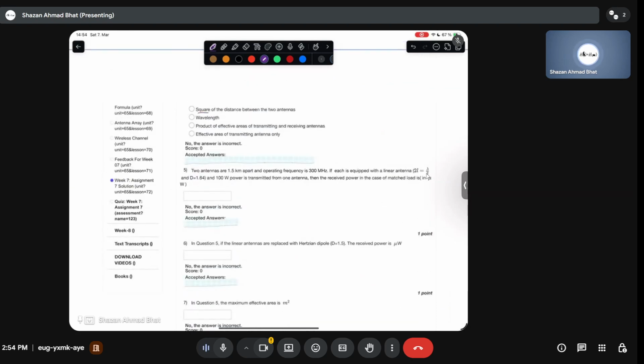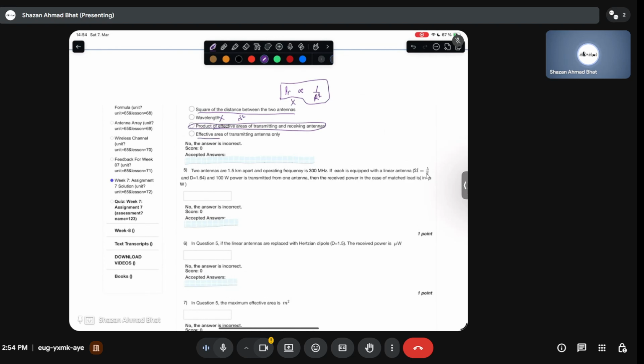It's saying the square of the distance between the two antennas. It's not proportional, it's inversely proportional to the square of the distance between the two antennas. It's not proportional to wavelength, it's proportional to wavelength square. The product of effective areas is the exact answer that we are looking for.